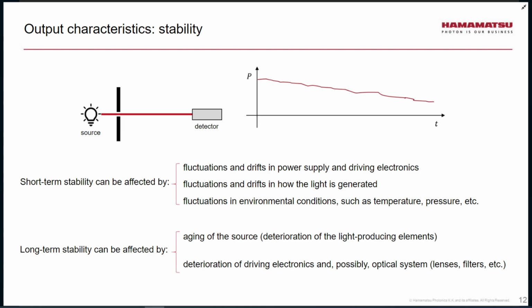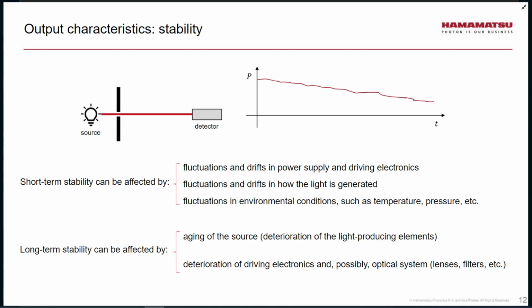Another crucial characteristic of a light source is its stability. In other words, how, for example, peak power or average power behaves as a function of time. We can talk about short-term stability, on the order of even fractions of a second, to long-term stability, which could be on the order of hours, days, or even years.